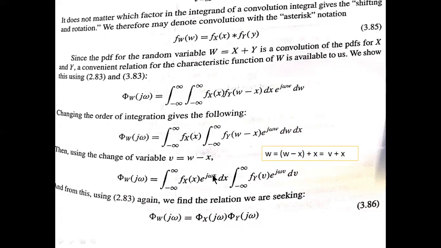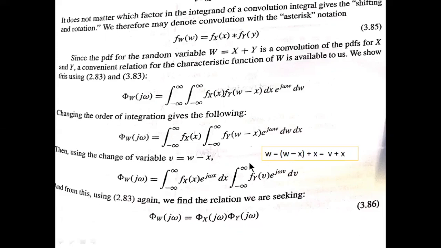So x goes out with the f_X(x) because it is not dependent upon w, and because v is w minus x, we are just keeping it inside the integral. So therefore, this will become e to the power of j omega v dv, because w is equal to v plus x, dw will be equal to dv.